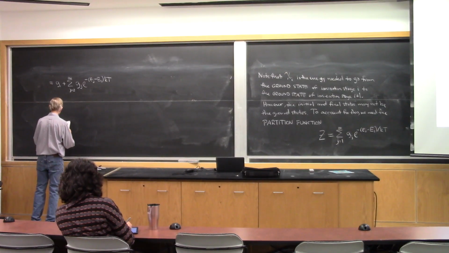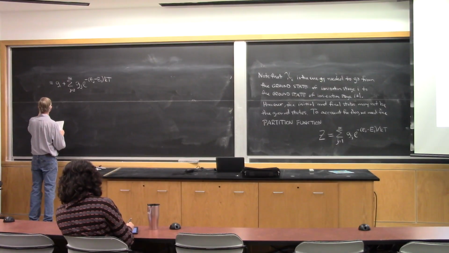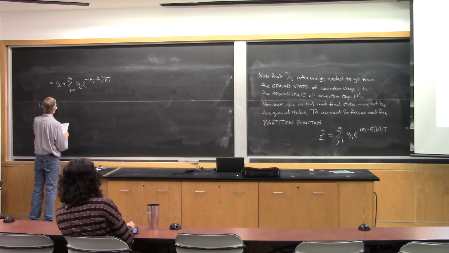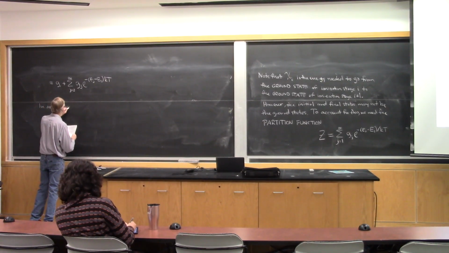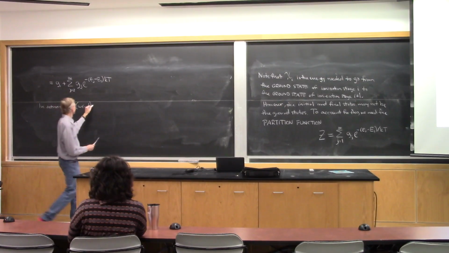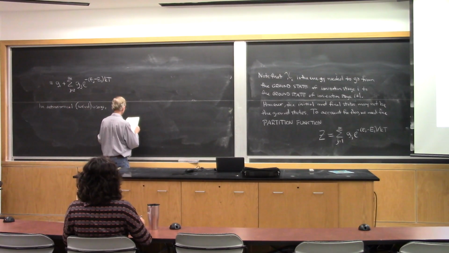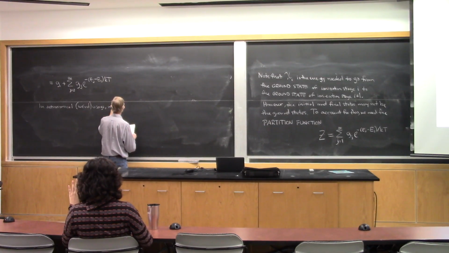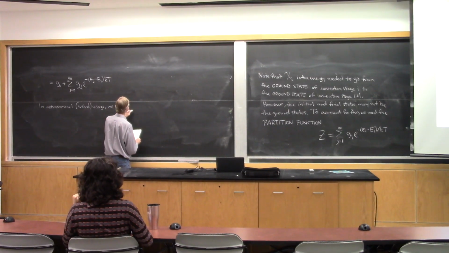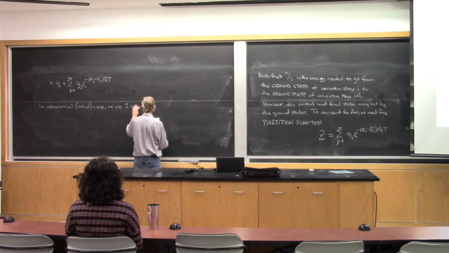So in astronomical, weird usage, as we've already talked about, we use Roman numeral 1 to be the neutral atom.